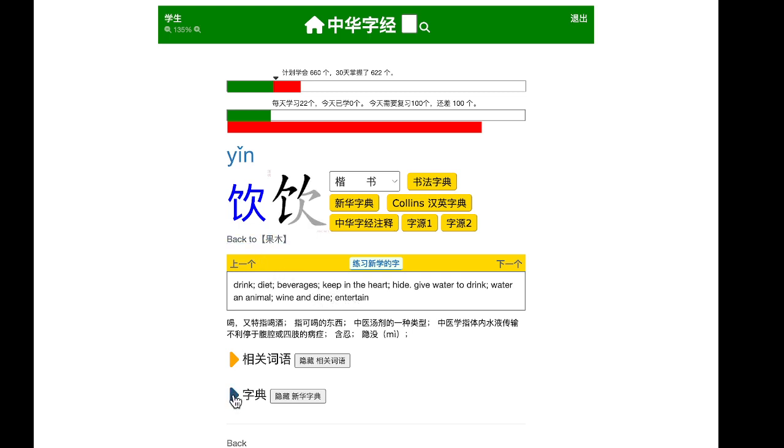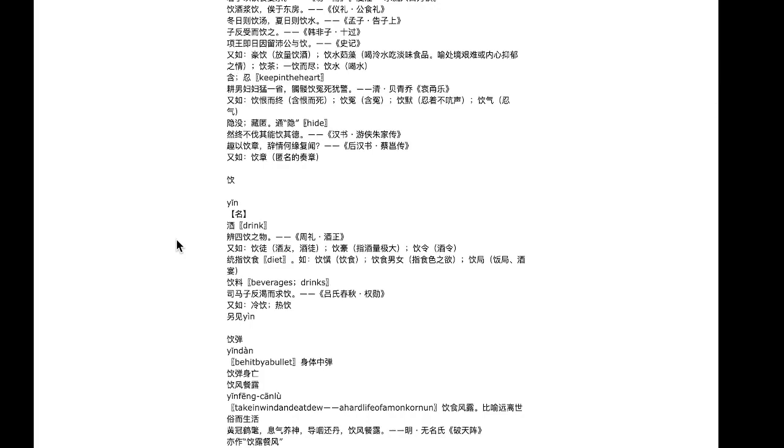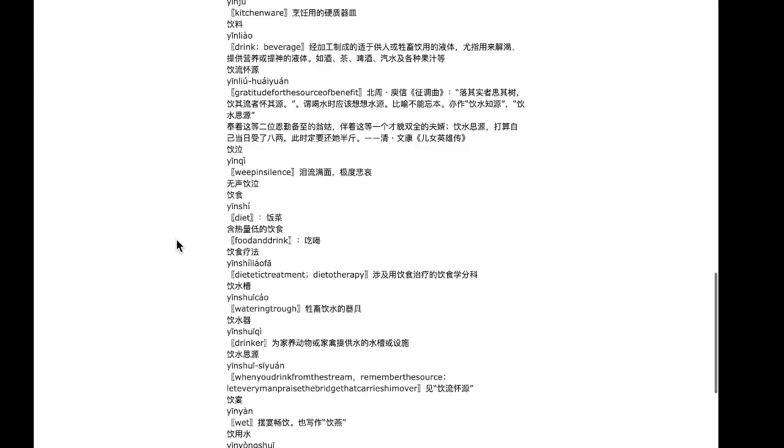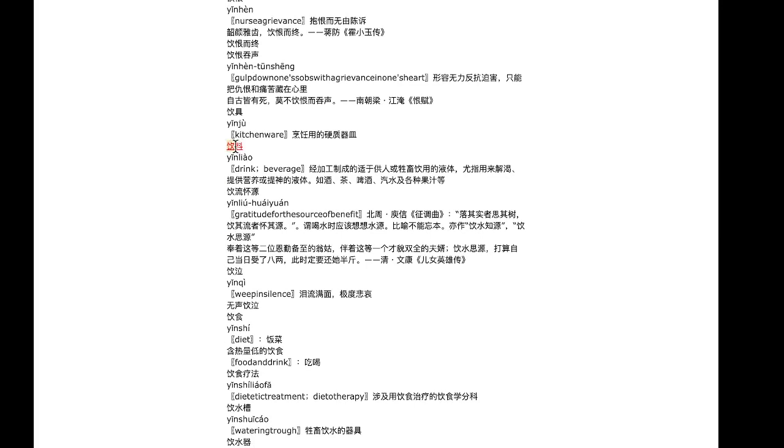So 饮料 would be the word for beverage, if you want to put it generally. Where is it? 饮料 here. 饮食 would be diet because 食 is the food and 饮 is the beverages. So that would encompass all of your intake.